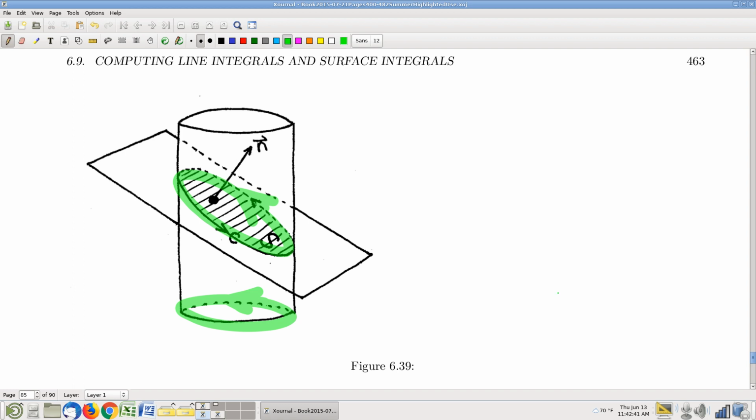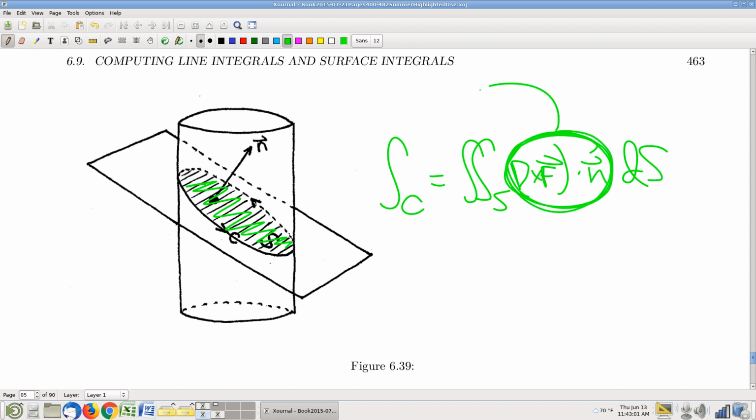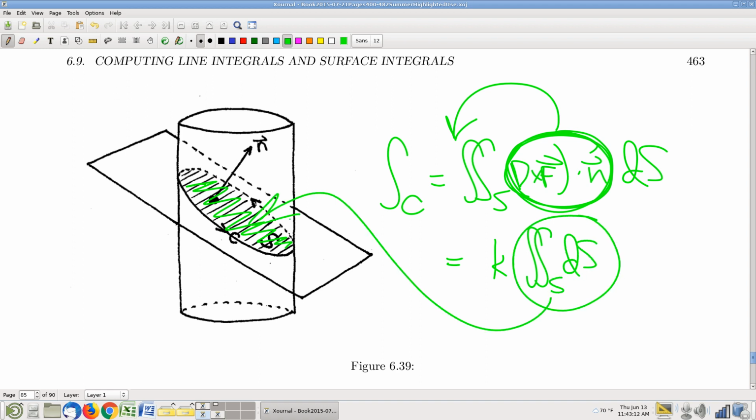Stokes' theorem would tell us that the line integral around this curve is the flux through this surface S of curl F dot n dS. Now you're quite right, that is a constant, and so that'll factor right out as just some value, right? But notice that you're left with the surface area of that surface.